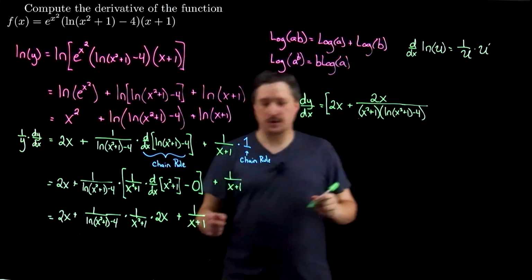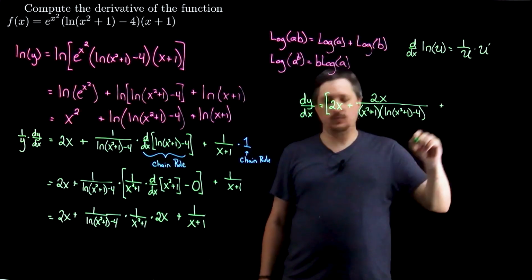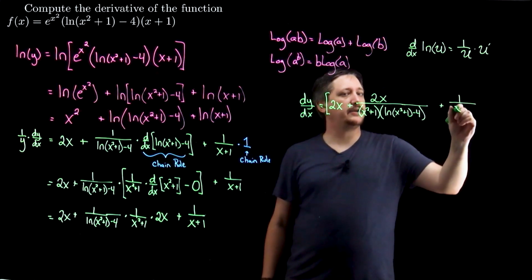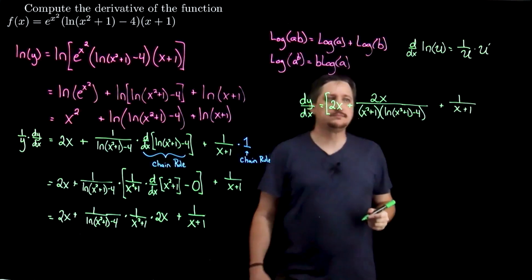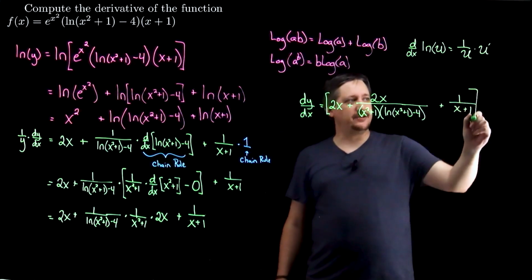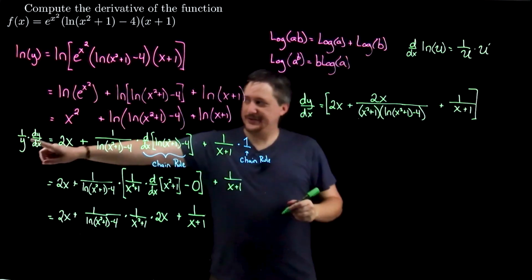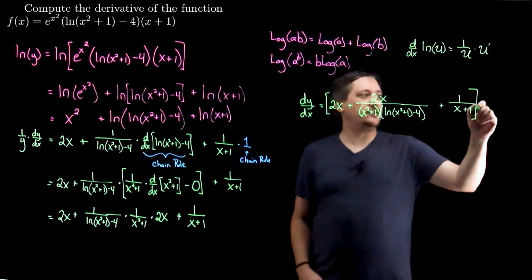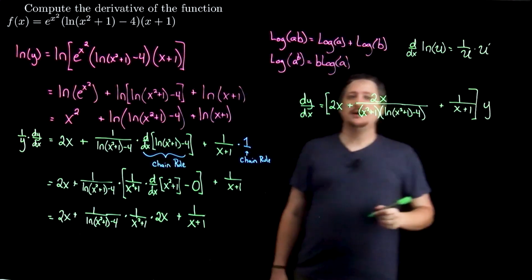All plus 1 over x plus 1. So I have all of that stuff times y, because I have to move the y over.